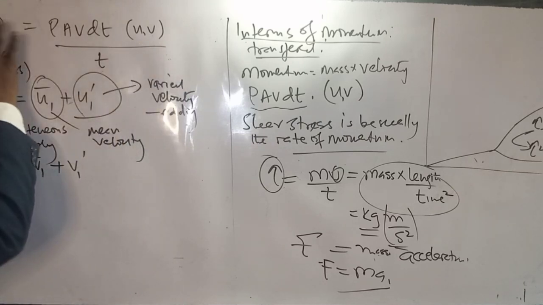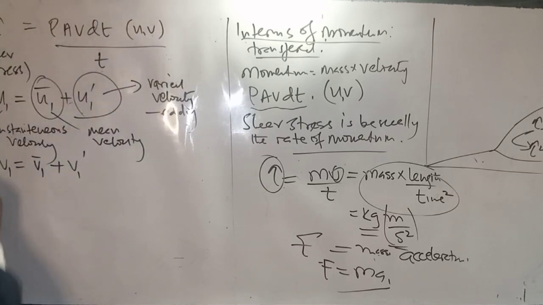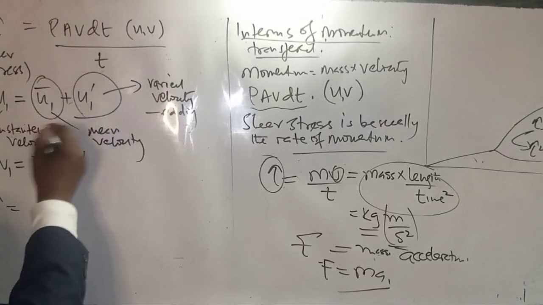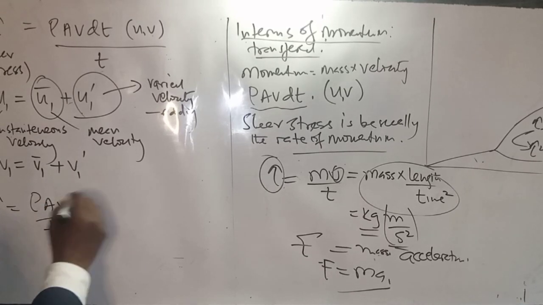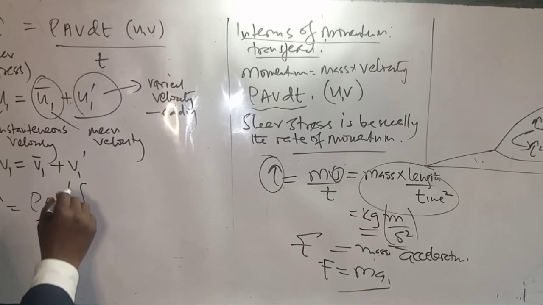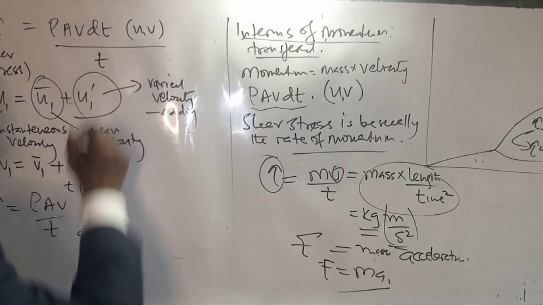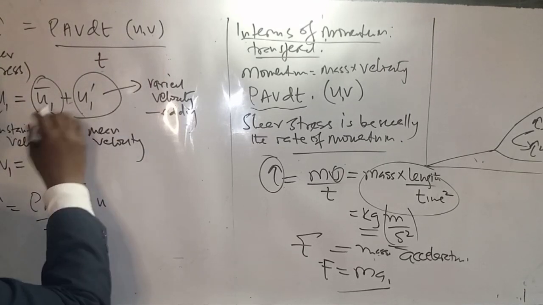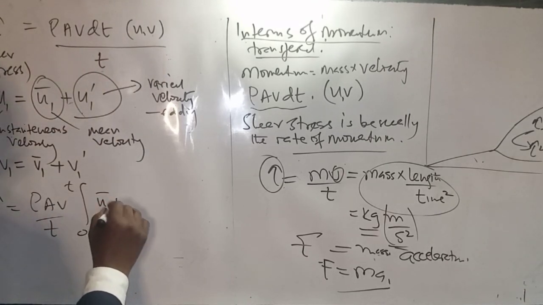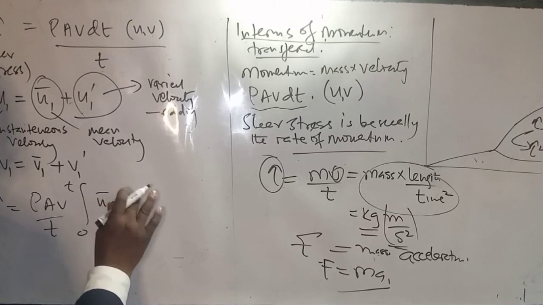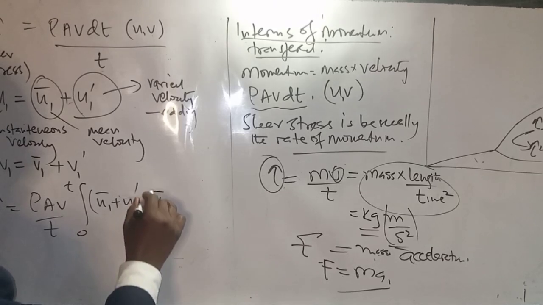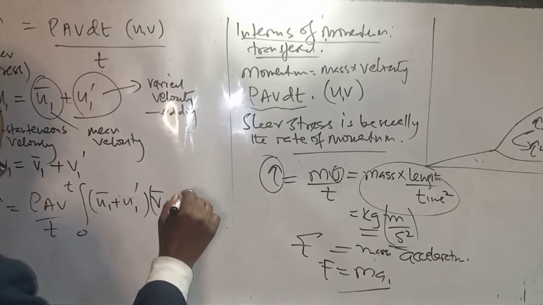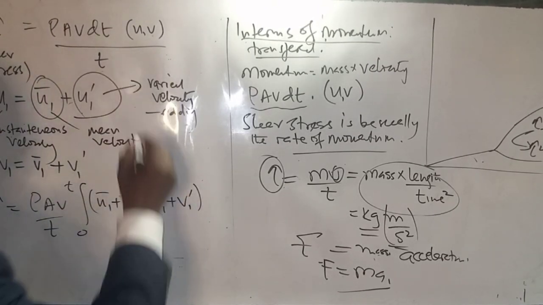Now, if we integrate the quantity here, get these mean values, then what are we going to have? We're going to have that tau is equal to rho V over t, integral over some time limit, and you know what u is, u bar 1 plus u1 prime, into v bar 1 plus v1 prime, dt.